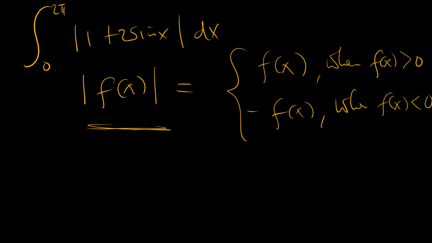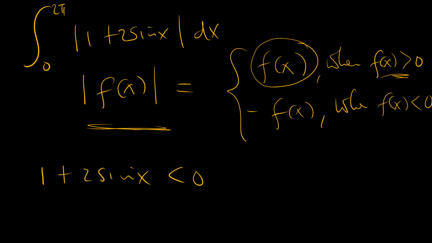Okay, so 1 plus 2 sine x as a function will be the same function in this domain, but will become negative, open bracket, 1 plus 2 sine x, when 1 plus 2 sine x is less than 0.